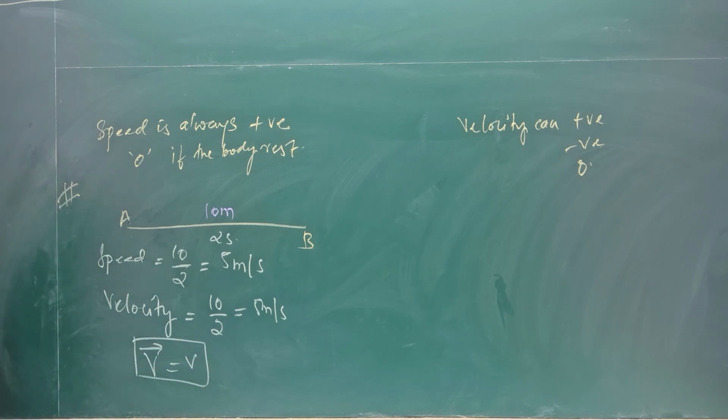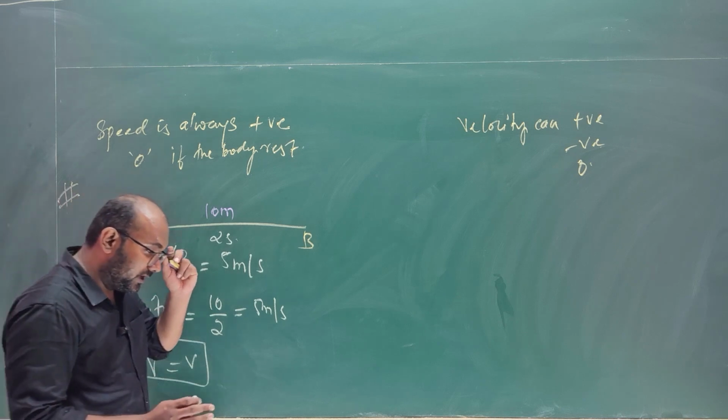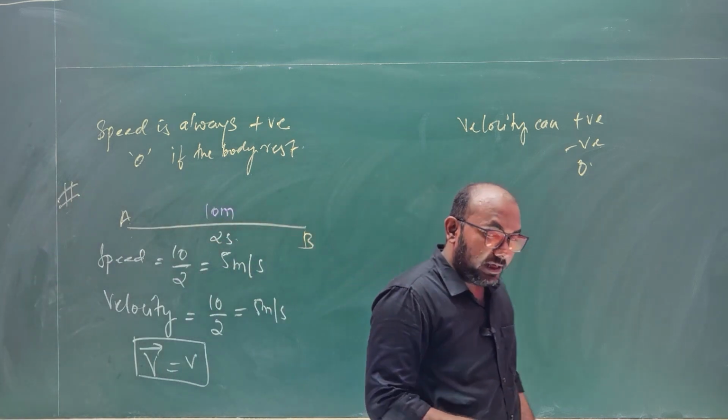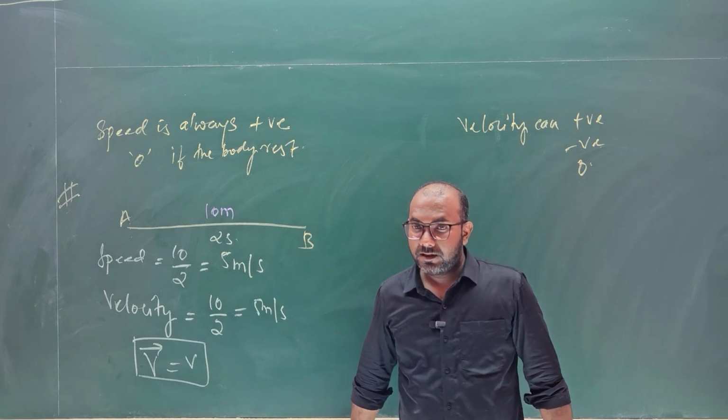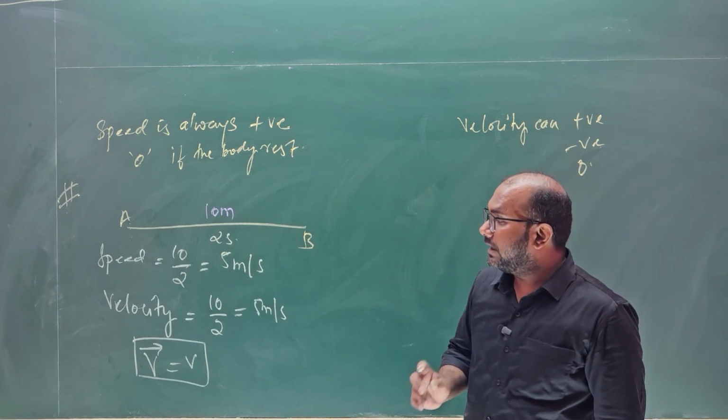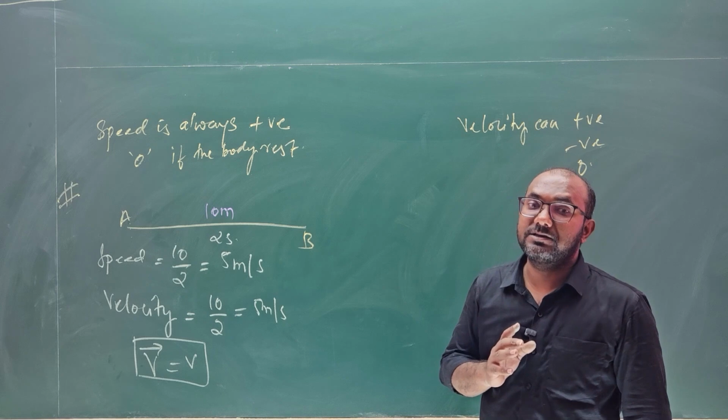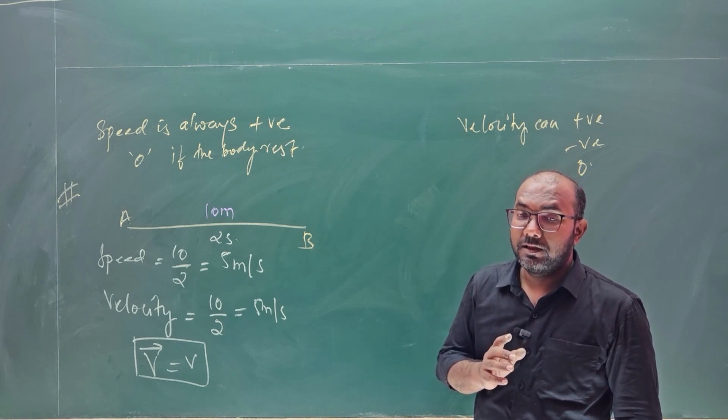When this is happening, velocity and speed can be equal. Yes, they can be equal if the body is moving in a straight line. If the body is moving in a straight line, then and only then, without changing direction, that should be mentioned.